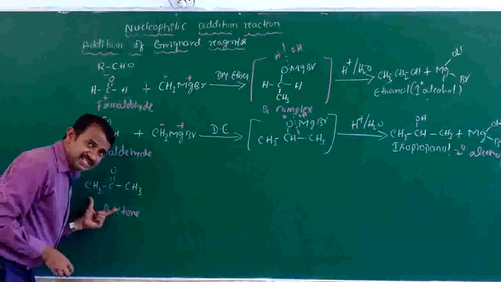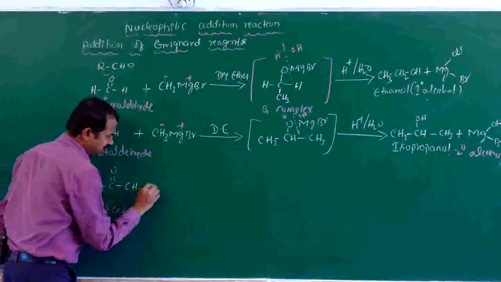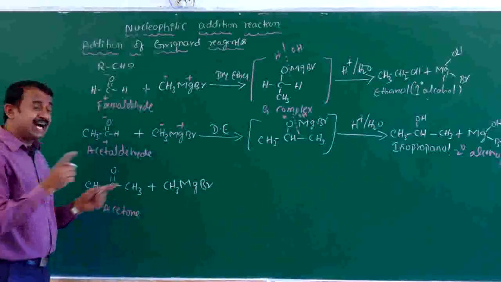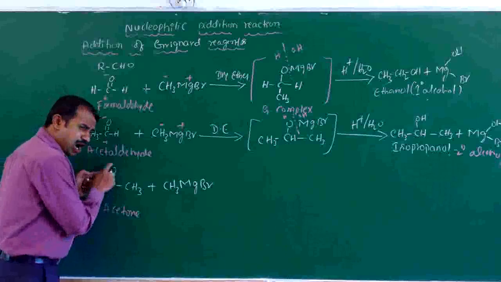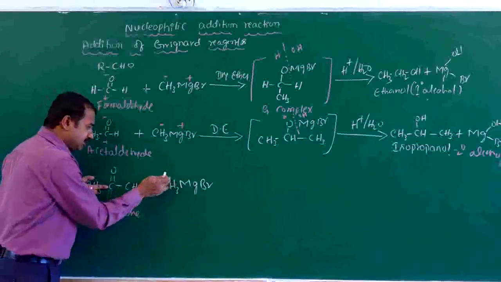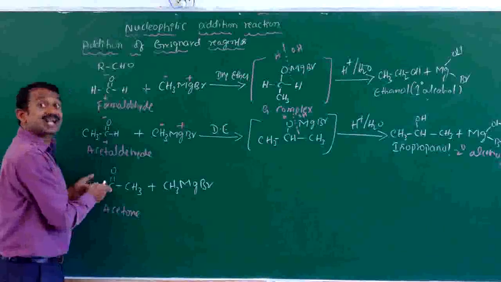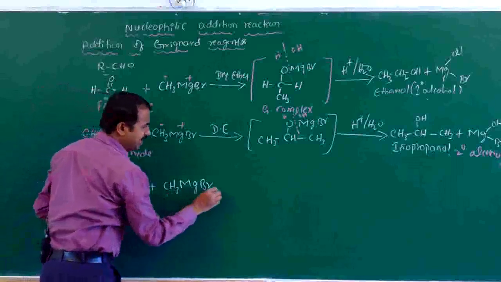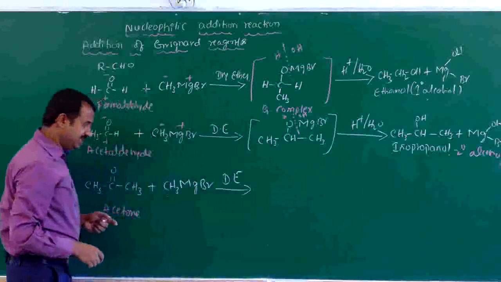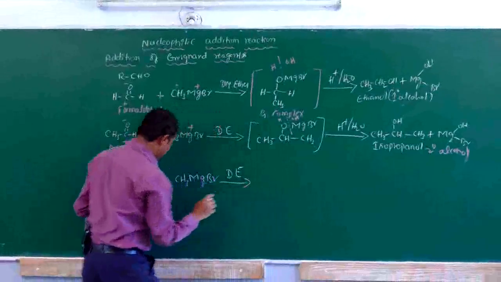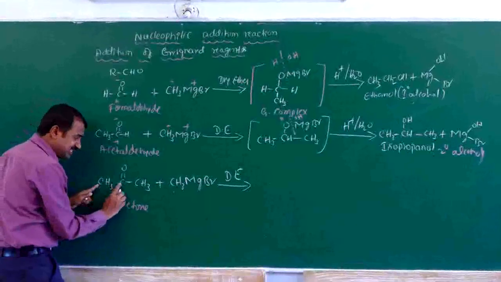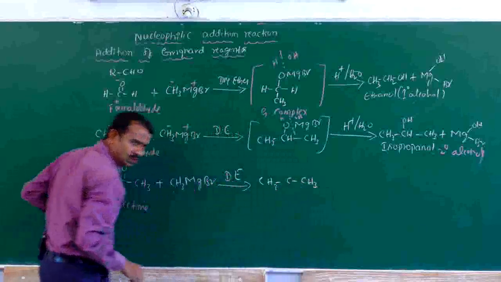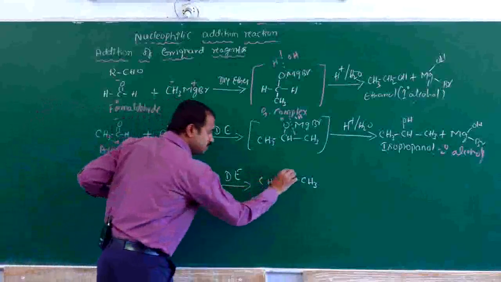Last one, you take acetone. Acetone reacts with methyl magnesium bromide. Here also it is a nucleophilic addition reaction, since there is a carbonyl compound. When the nucleophile is attached to the carbon atom, it is called a nucleophilic addition reaction. Methyl magnesium bromide in dry ether forms a complex: CH3COCH3, the double bond is converted to a single bond.